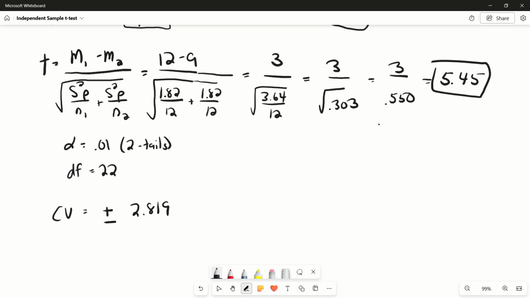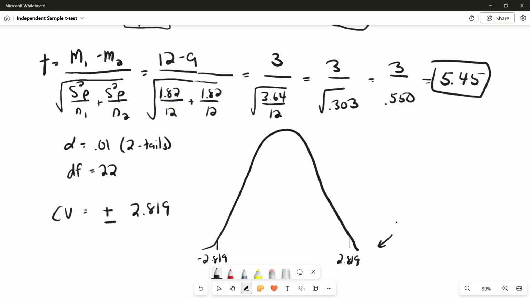And now we're going to compare our obtained value of 5.45 to that, looking at both tails. Our critical value in the negative tail is negative 2.819, and our critical value in the positive tail is 2.819. Our obtained value is way out here, 5.45. Since our obtained value is more extreme than our critical values, we are going to reject the null.